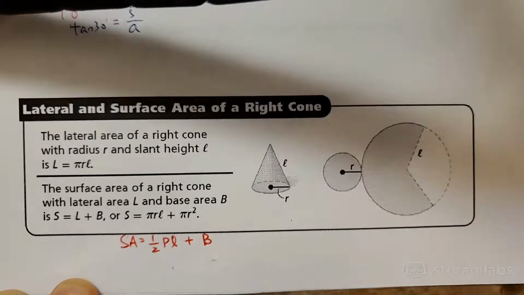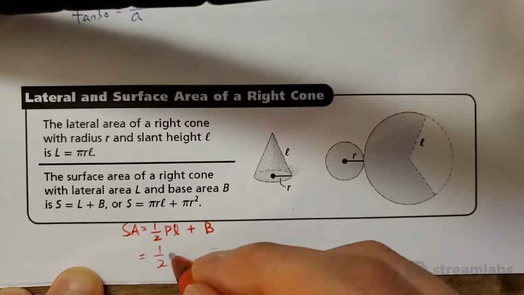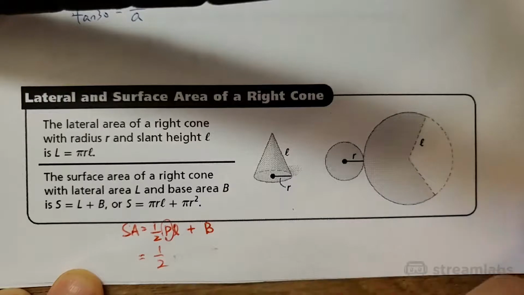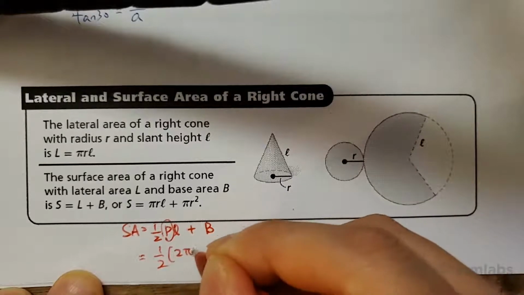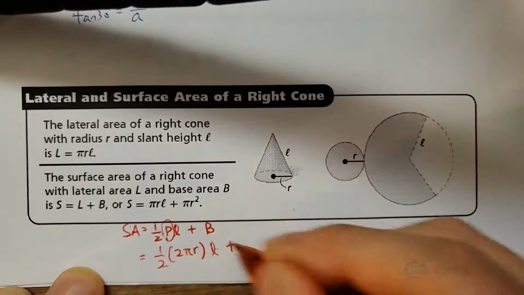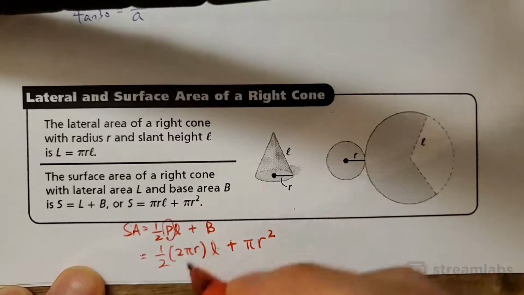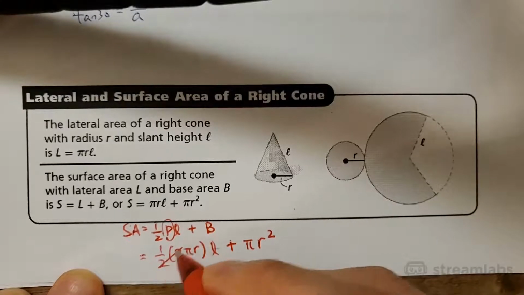Now let's look at each part. For a cone, what is the perimeter? Isn't that the circumference? What is circumference? Isn't it 2 pi r? And then times slant height. Plus, what's the base? The base is a circle, so pi r squared. So you see how the 2 and 2 cancel.